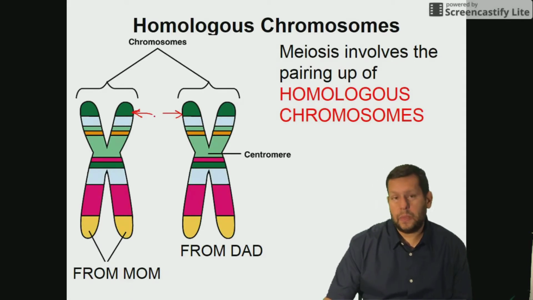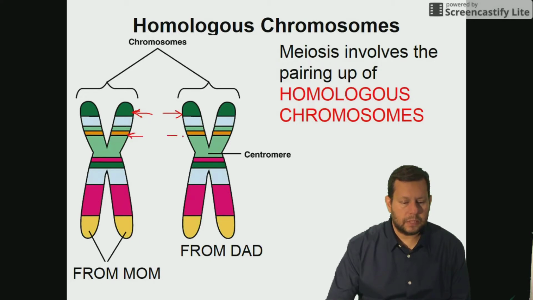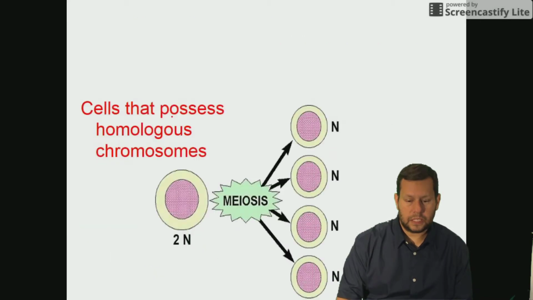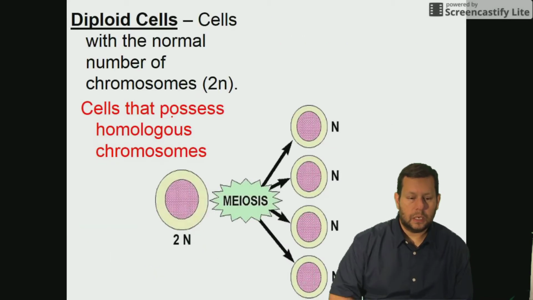What gets expressed in the baby is due to genetics, but we have the same type of gene at the same location. What gets expressed might be a little bit different. Here, this might be maybe their blood type, mom's blood type, dad's blood type. These are homologous chromosomes. They're like pairs of socks. And meiosis involves the pairing up of these homologous chromosomes.